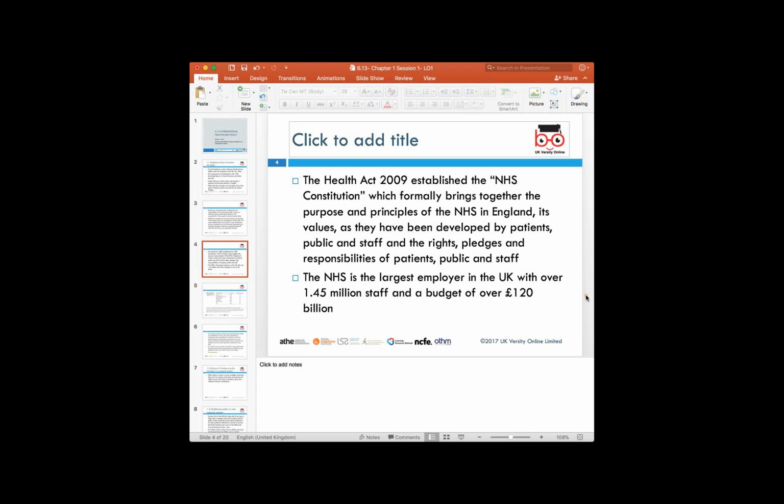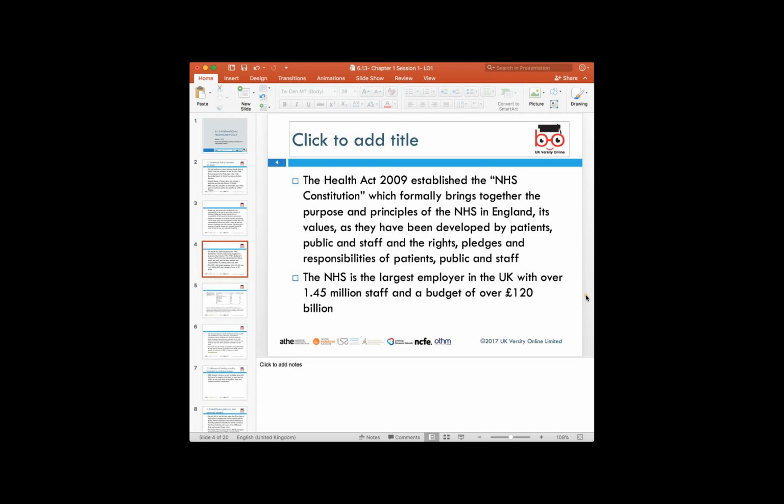There are other provisional fundings which the government allocates and provides to the NHS, and that is apart from the 120 billion which was set aside in 2015-16, and I think this budget currently is estimated to be nearing 200 billion in terms of the total budget.